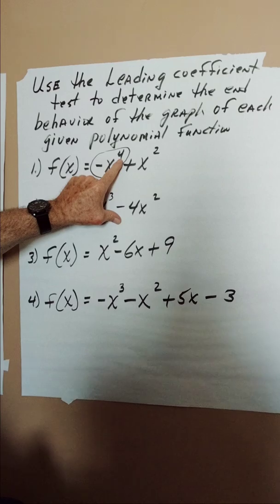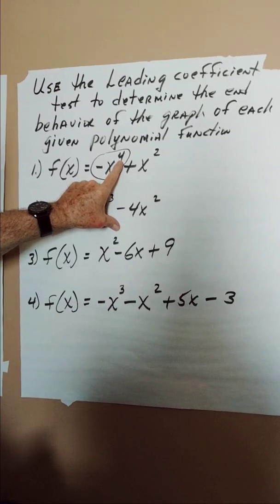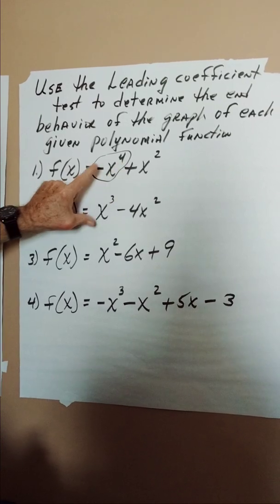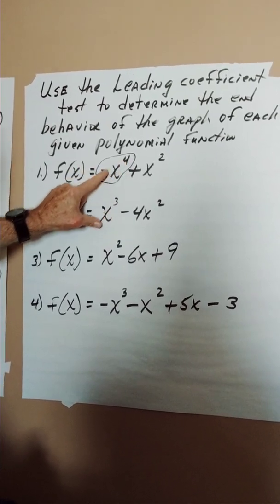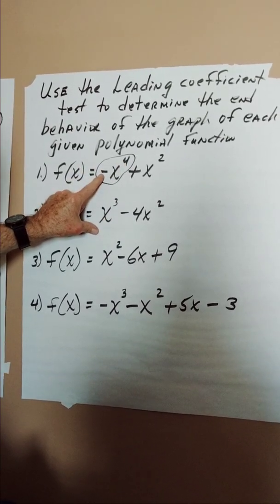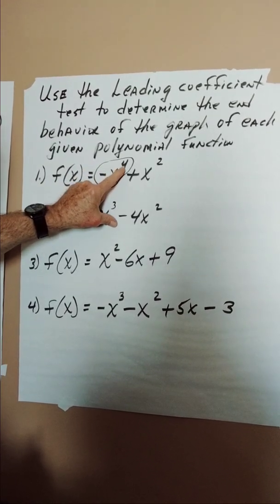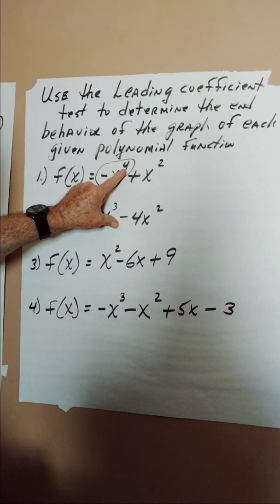The degree is even. Same behavior, people. And the coefficient of this lead term is negative. It's a negative coefficient with an even degree polynomial.